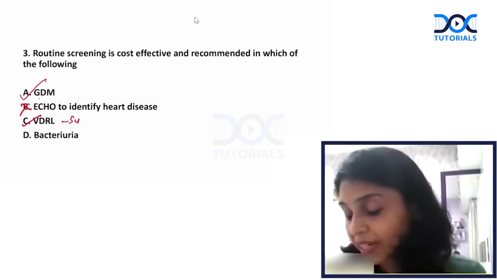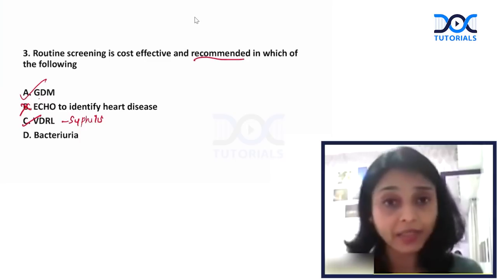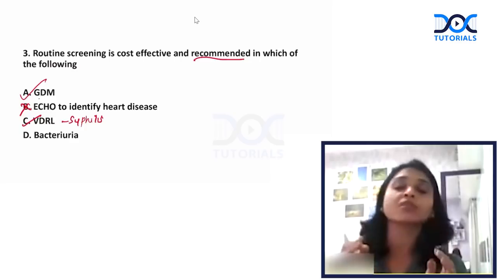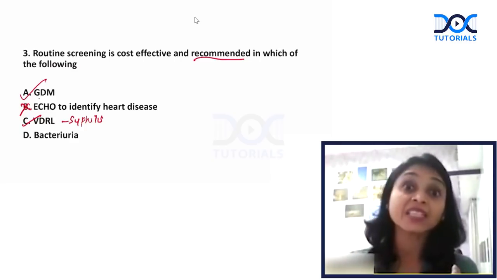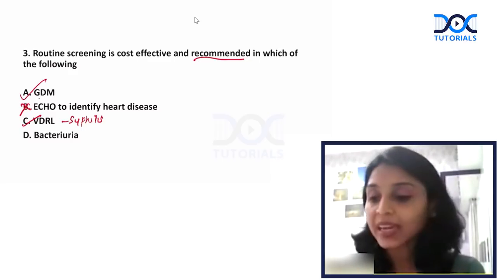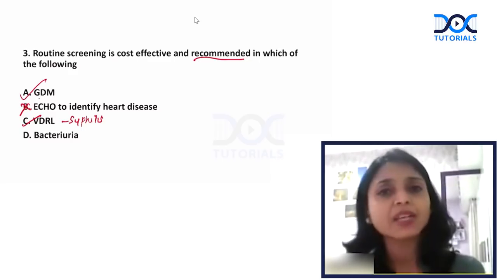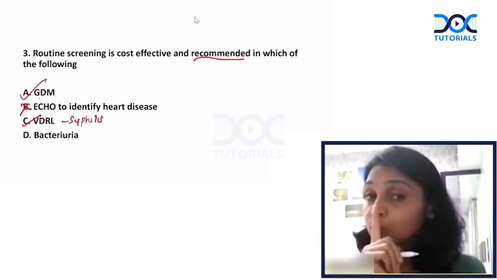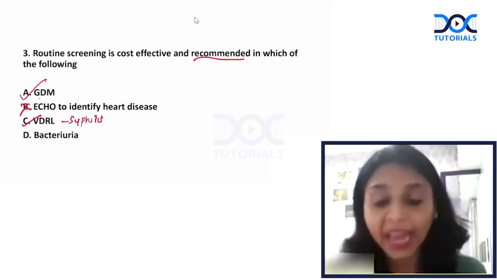VDRL is for syphilis, right? You do it for syphilis. In antenatals, we are routinely recommending it. That doesn't mean that this is very cost effective, because in a resource constrained setting like India, where syphilis is not that prevalent, many studies are showing that it is not cost effective. So if you're asked to choose one, then the answer would be A.